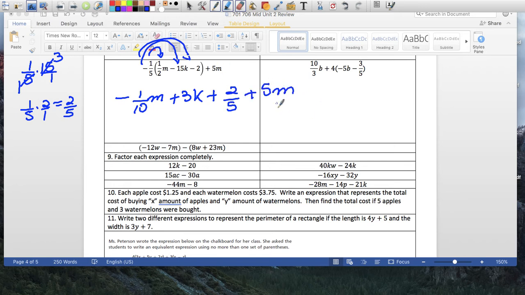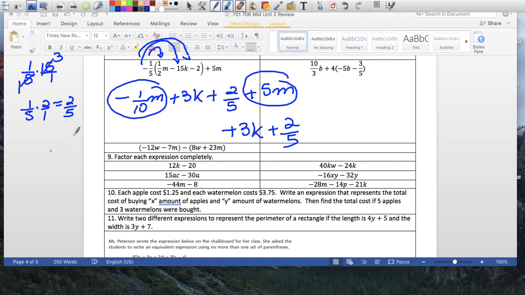Are there any like terms I can combine? I can combine this guy over here. So let me write plus 3k plus 2/5, because those two are not going to combine. And let me do 1/10 m plus 5m on the side.